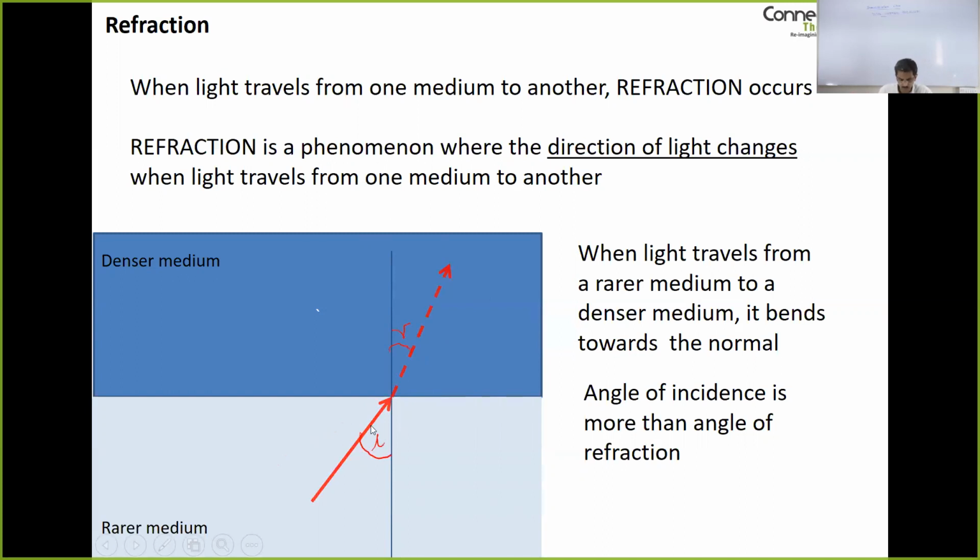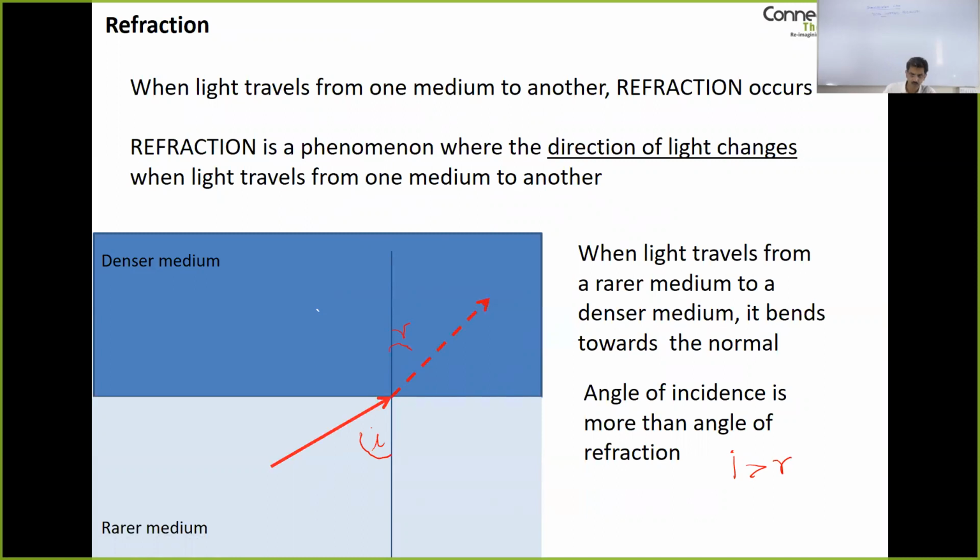And as we increase the angle of incidence, you can see that the refracted ray continues to bend towards the normal. And in all these situations where light is going from a rarer medium to a denser medium, the angle of incidence is more than the angle of refraction. That is something you can observe in all of these situations.